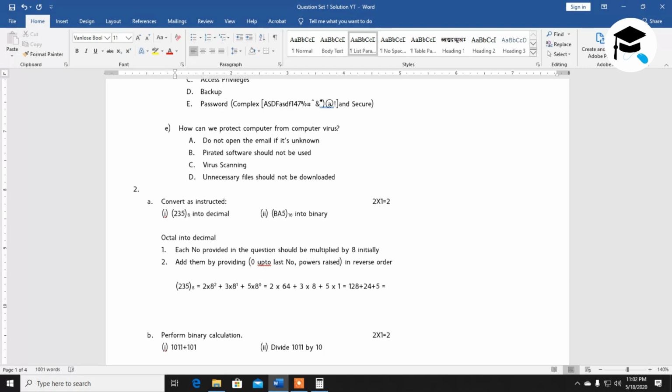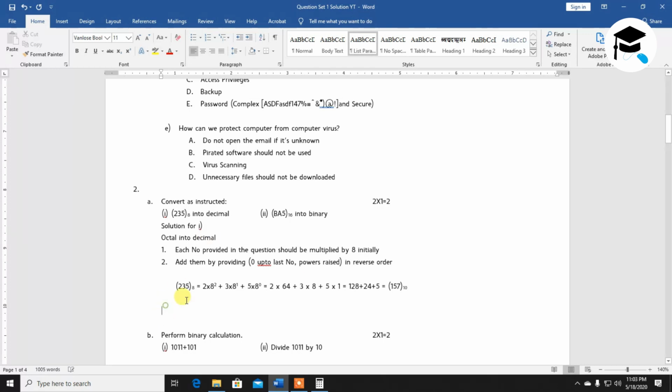So that is our answer. We have converted the octal number into decimal number. This is your answer. This was the solution for number I, which we have completed.